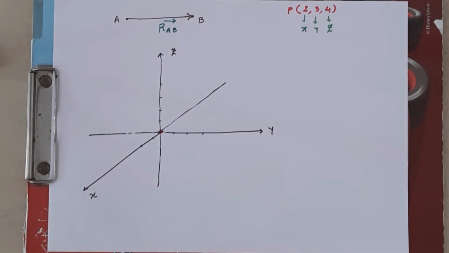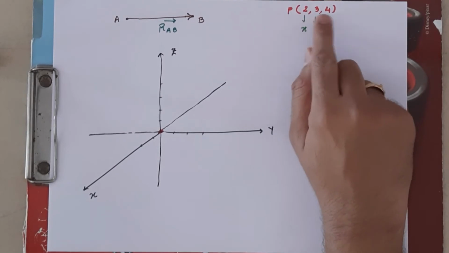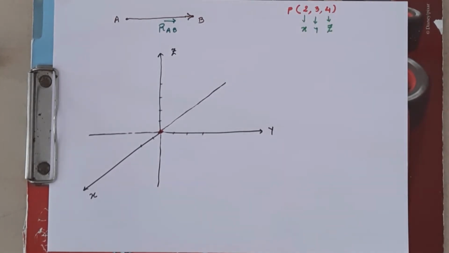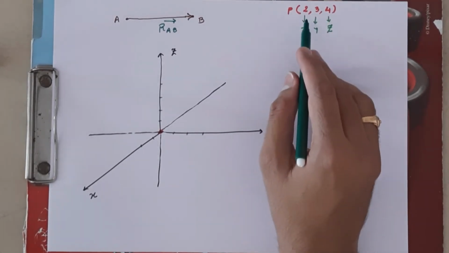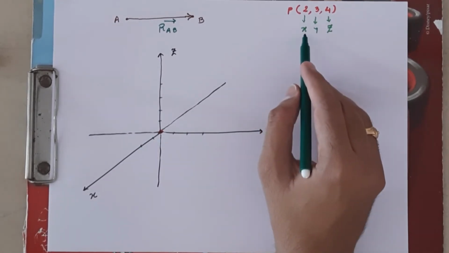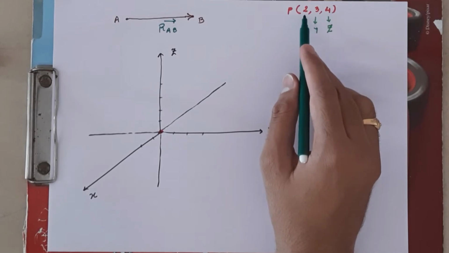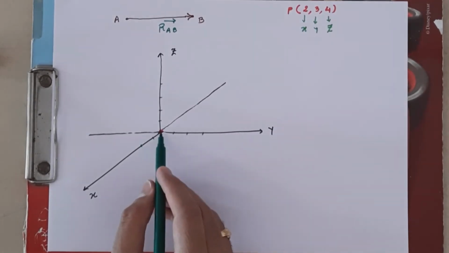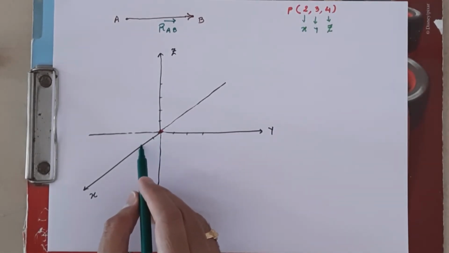Now I want to locate the point 2, 3 and 4. So how can you locate it? Initially the person is standing at the origin. Now the person covers 2 steps in the x direction, so this is the position of the person.